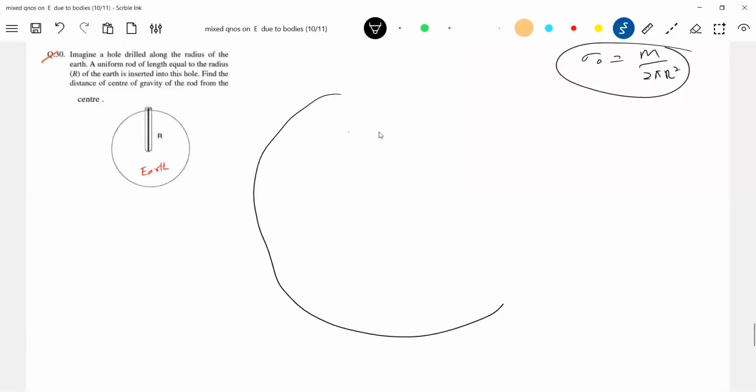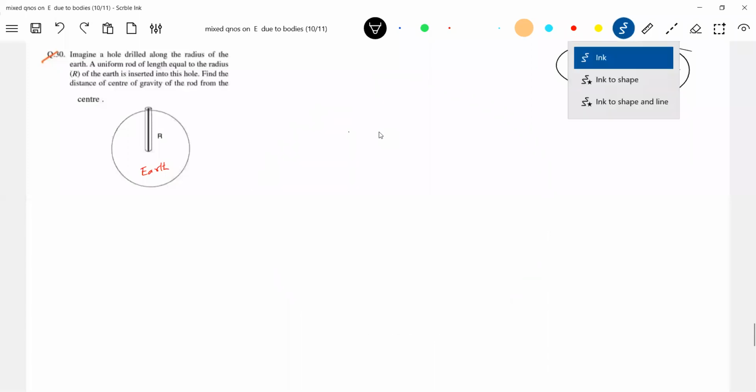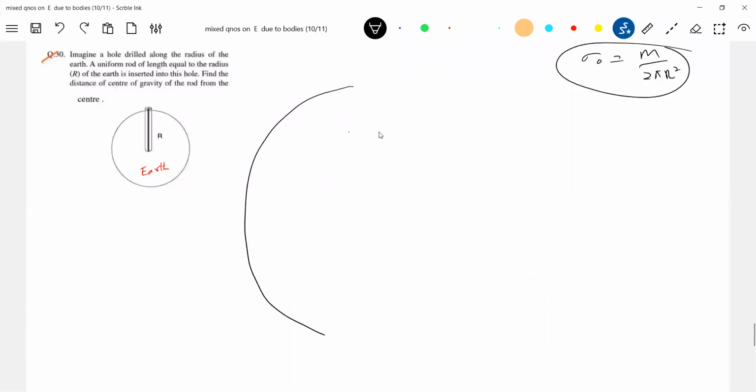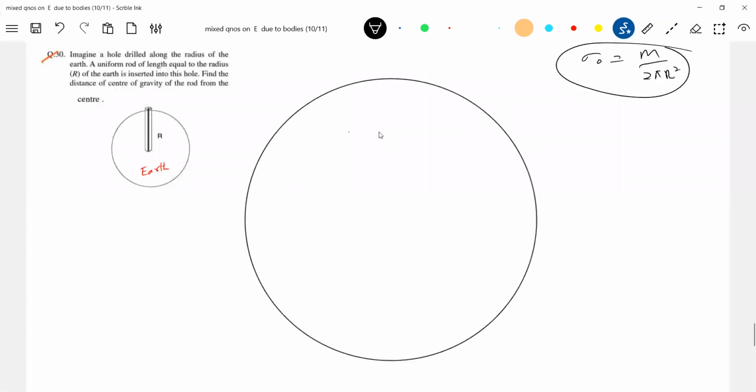Let's get into the diagram. You draw, you read the question. Meanwhile, I'll adjust the diagram.